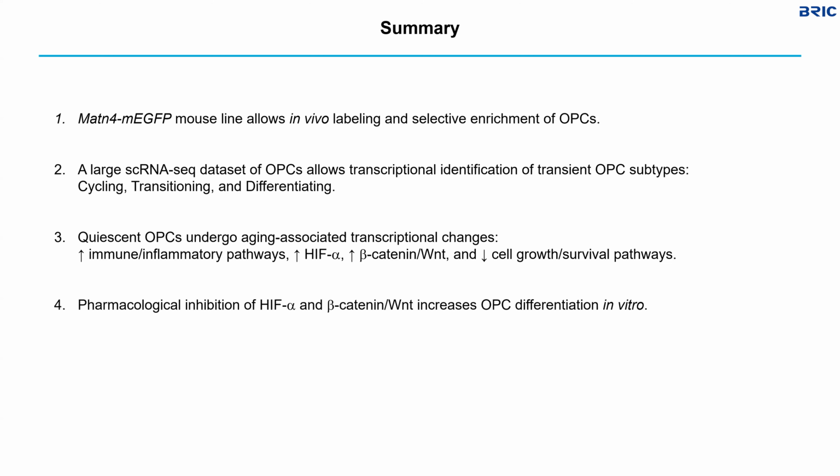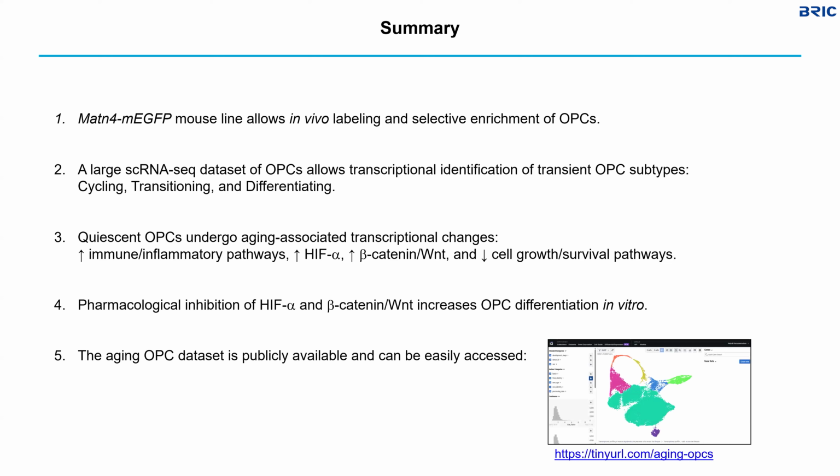And importantly, we can pharmacologically inhibit HIF-1 alpha and beta-catenin signaling pathways to restore the differentiation capacity of OPCs in vitro, which then allows us to think about therapeutics. How can we increase the ability of OPCs to make new oligodendrocytes and new myelin in injury, disease, and aging?